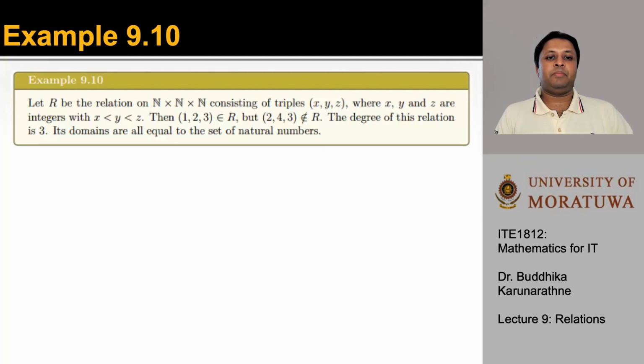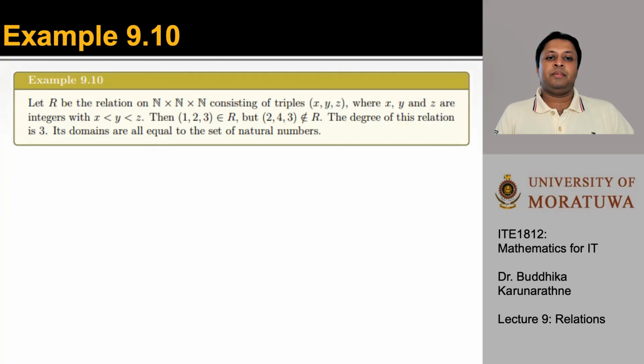Taking this example, let R be the relation on N times N times N consisting of triplets x, y, and z, where x, y, and z are integers with x less than y less than z.